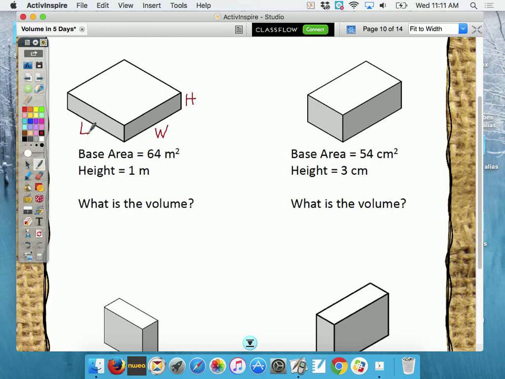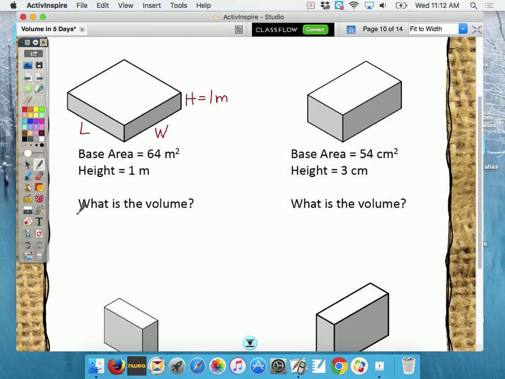Okay, and do we know the height? 1 meter. Now, I'm not going to ask you to label on the page we're going to do for a grade. But I'm labeling now, and you're labeling now, so we can get this figured out in our heads, okay?